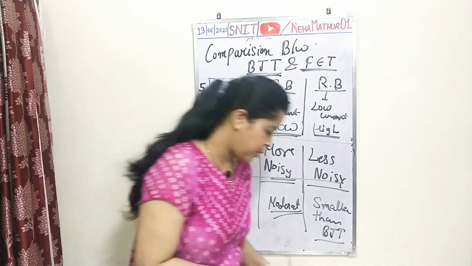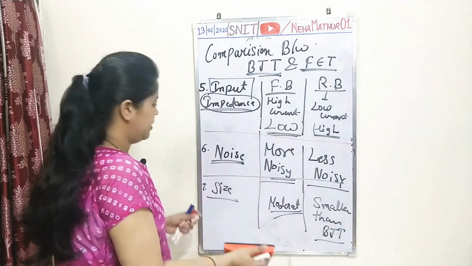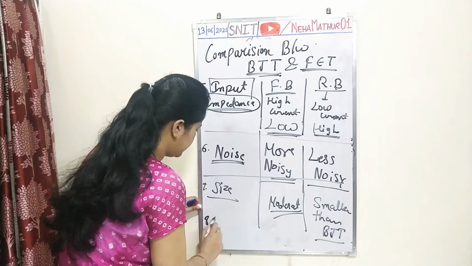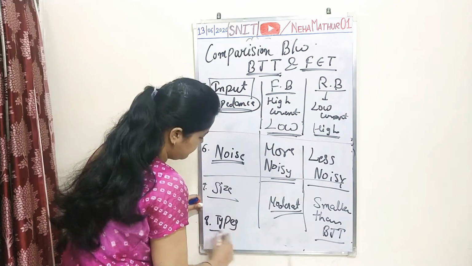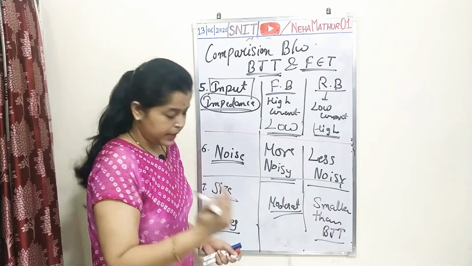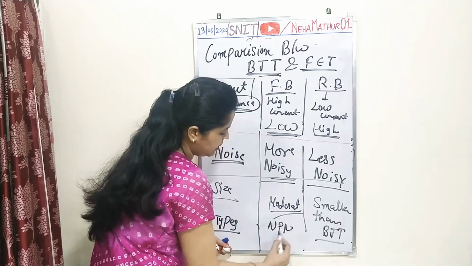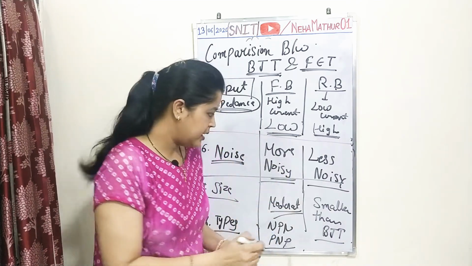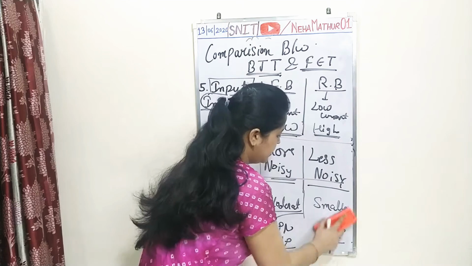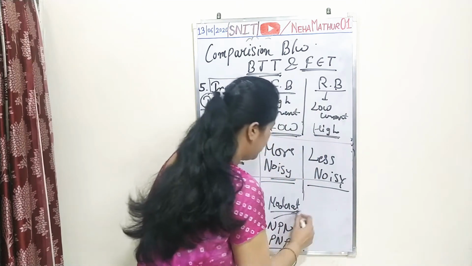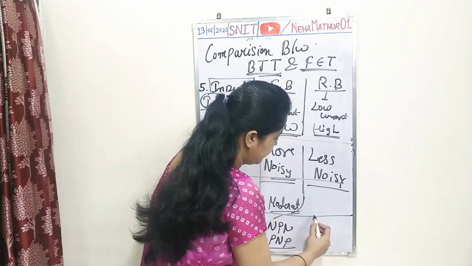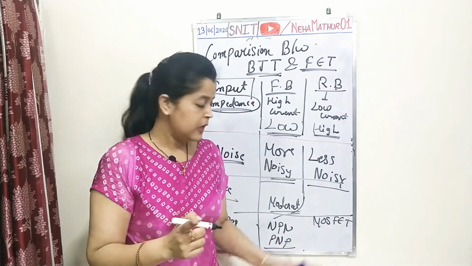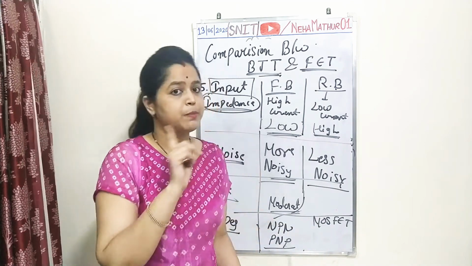Fine. The next point is types. You are already familiar with its types, so no need to mention in detail. BJT has two types, NPN or PNP, while FET has two types, MOSFET and JFET. I told you at the start of the video that MOSFET, metal oxide semiconductor field effect transistor, may be N type as well as P type.